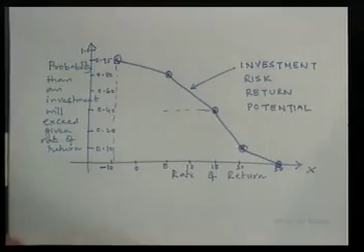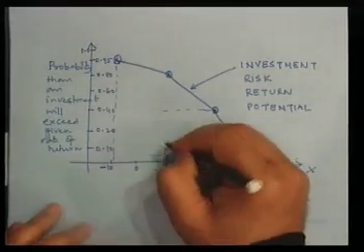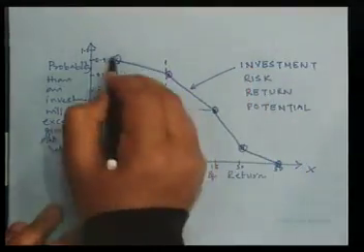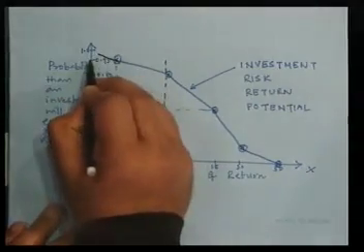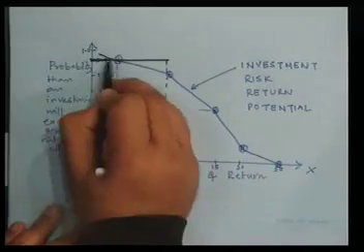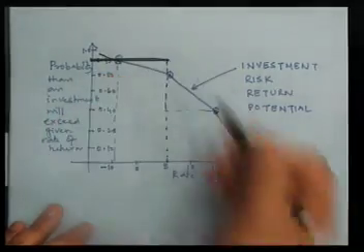So corresponding to this 5% return and 0.95, I draw a line like this, which will be a horizontal line.